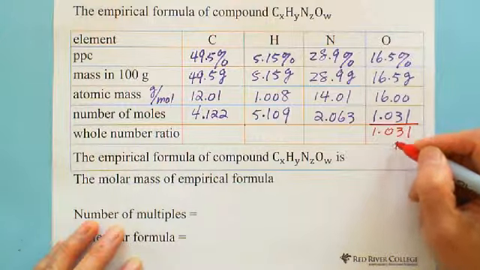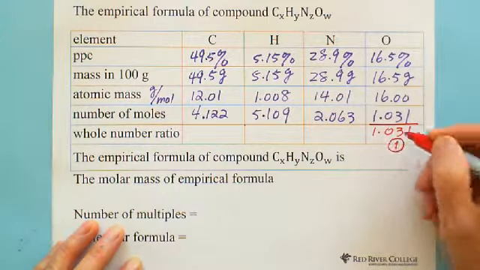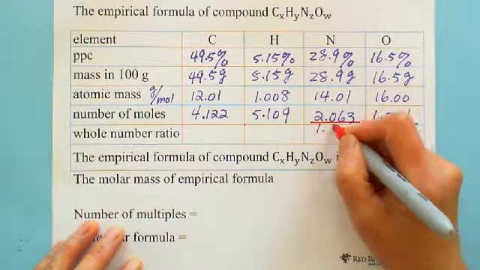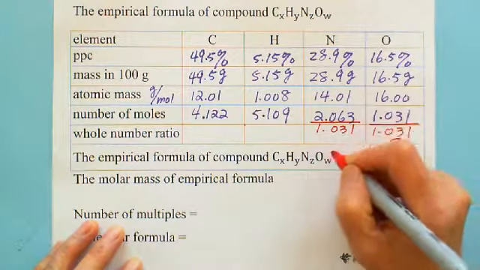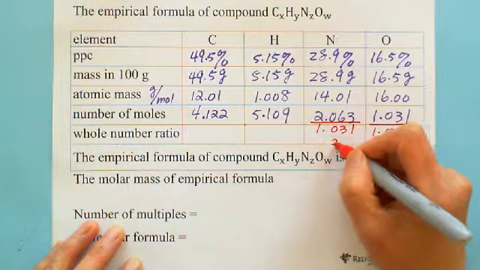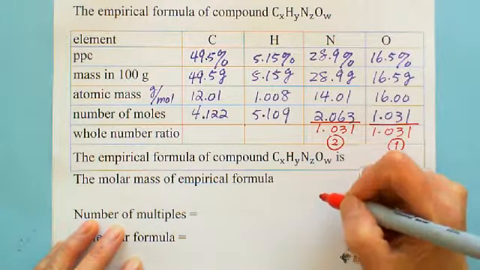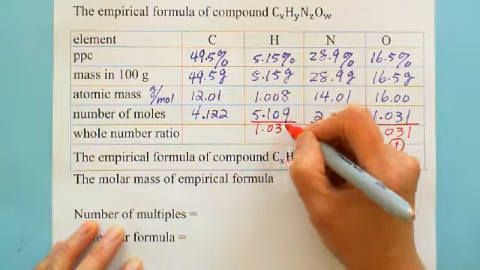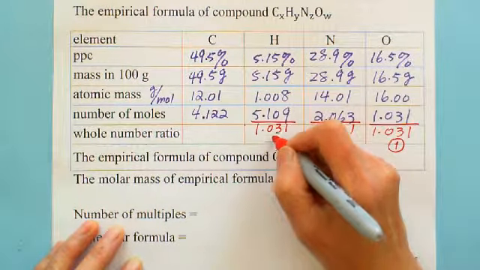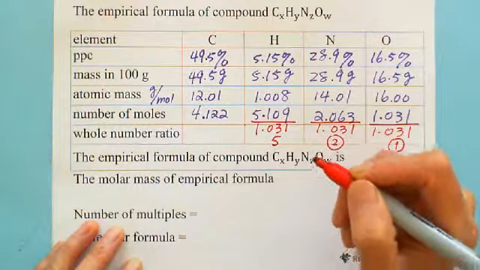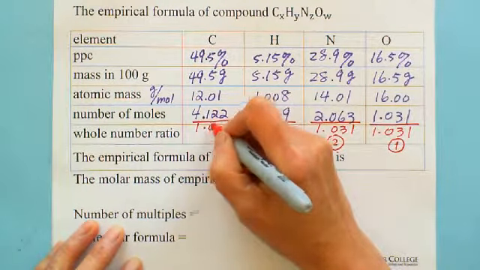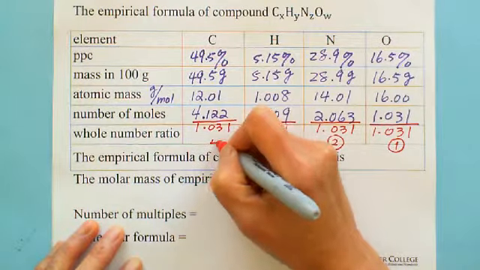Dividing this one by 1.031, you almost get 2, and dividing this one by 1.031, you get 5, and dividing this one by 1.031, you get 4.